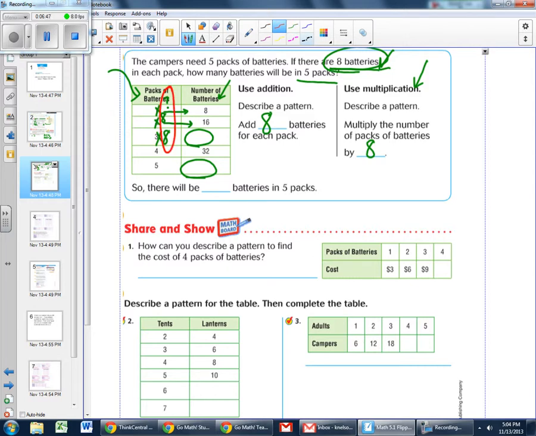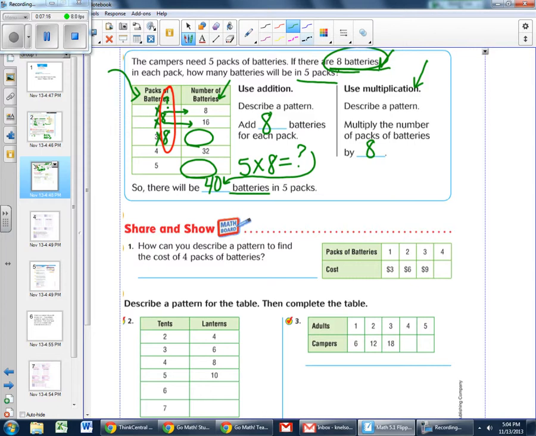So by the time you get to 5 packs, you have 5 times 8, which equals something that goes here. Since it's a multiple of 5 that you're multiplying, you can count by 5s 8 times. And you should know that 5 times 8 equals 40. And they have labeled it for you already.